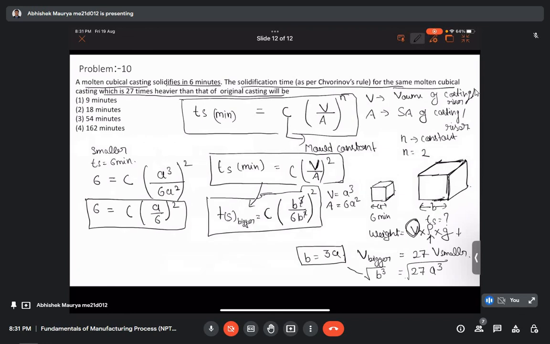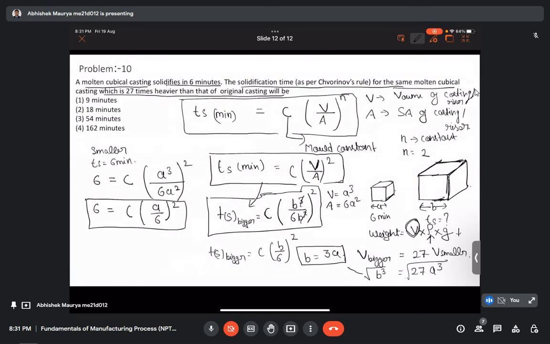So what we will get: Ts of bigger is equal to C times B by 6 to the whole square.